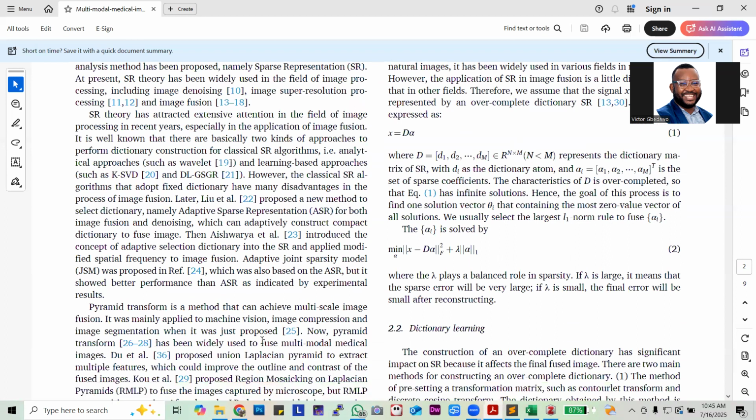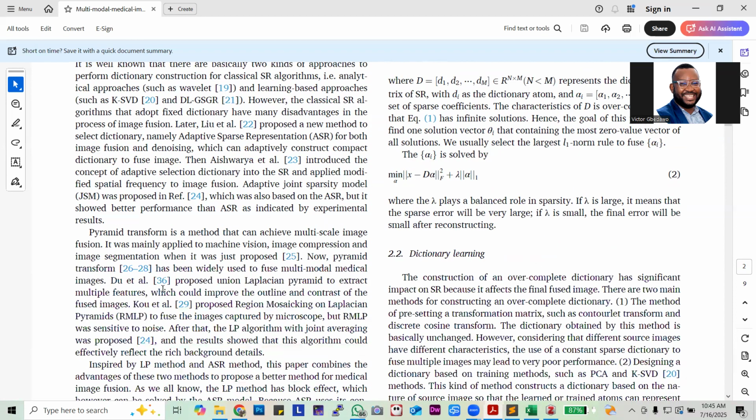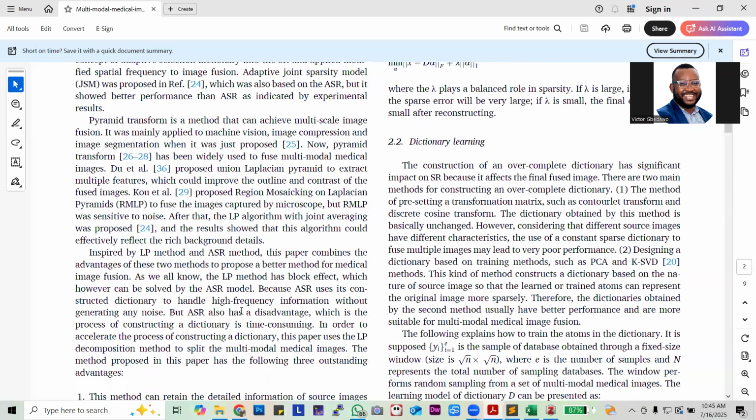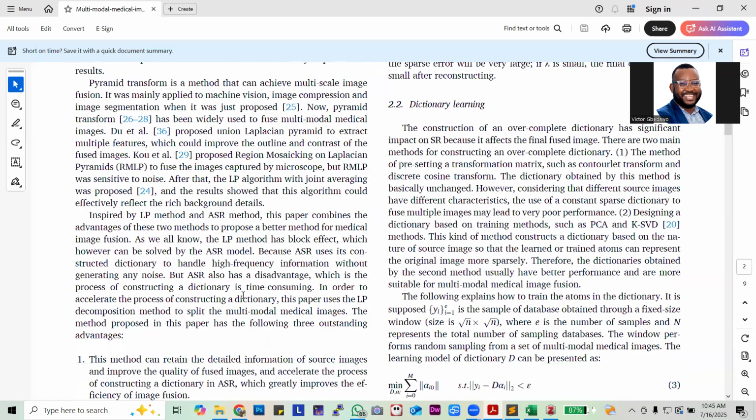So they are just making references to so many things. So, as it were, the method proposed in this paper has the following three outstanding advantages.